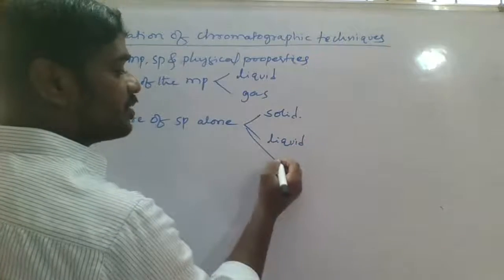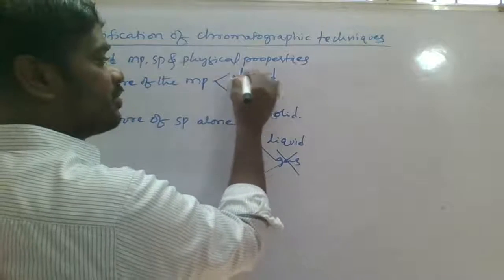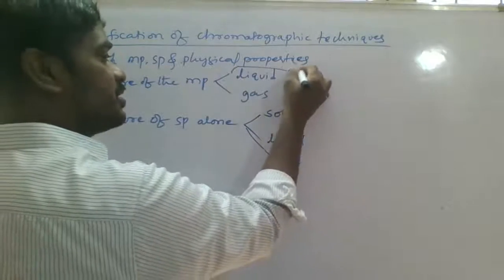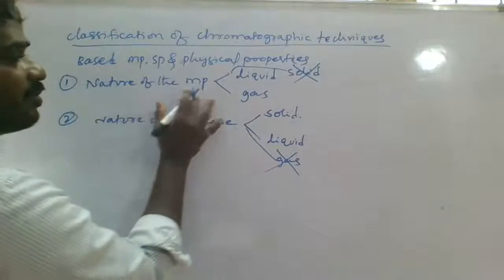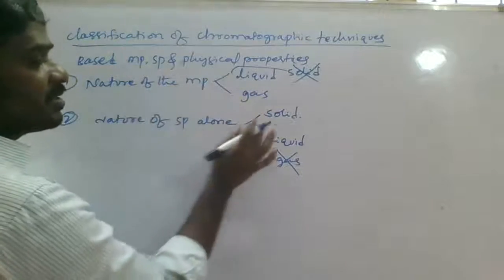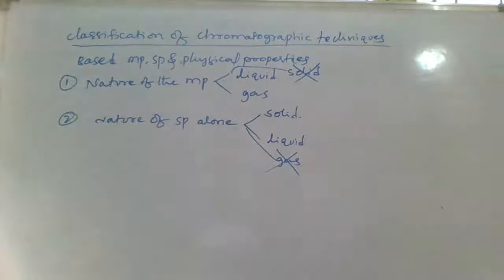A gas stationary phase is not there, whereas the mobile phase is the opposite. So the mobile phase is a liquid or gas, and the stationary phase is a solid or liquid. This is the second classification.